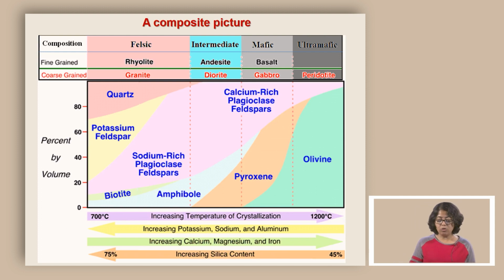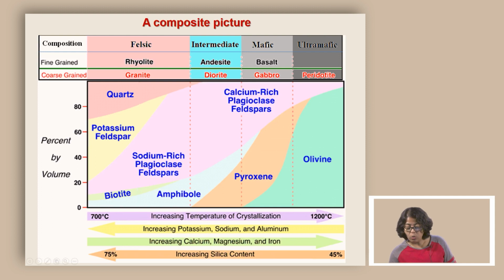And when we talk about how they form, we can look at all these parameters which come with these rocks. So, if we look at the first one, it is the increasing temperature of crystallization. Temperatures can vary between 700 degrees centigrade to 1200 degrees centigrade, and depending on which minerals we are looking at, they can either be crystallized or not crystallized.